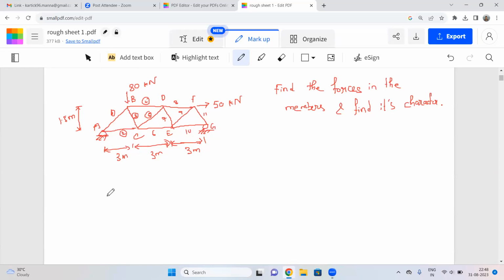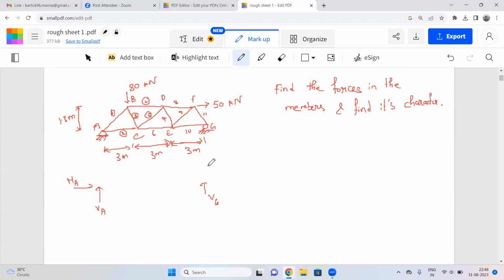Instead of support A, you can put one reaction VA this side and suppose HA this side. Similarly at G also there will be VG. And what about HG?